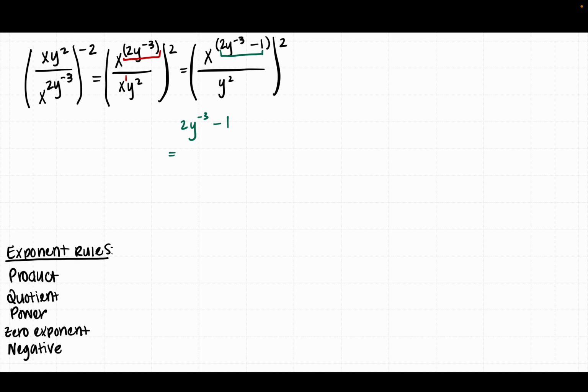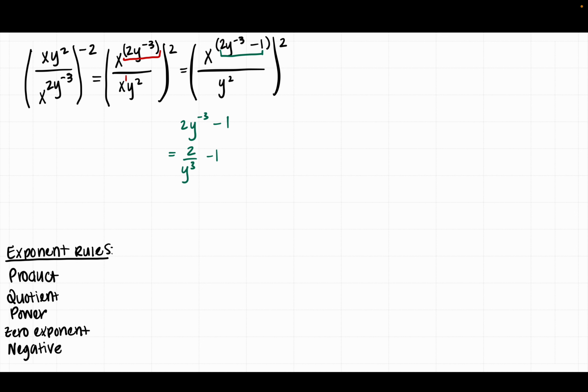If we simplify this in the same way that we did the first time, we're going to use our negative exponent rule. So you're going to move the y to the denominator, and you're going to change the exponent to a positive number, and you have minus 1. This takes care of the negative exponent issue that we were experiencing.